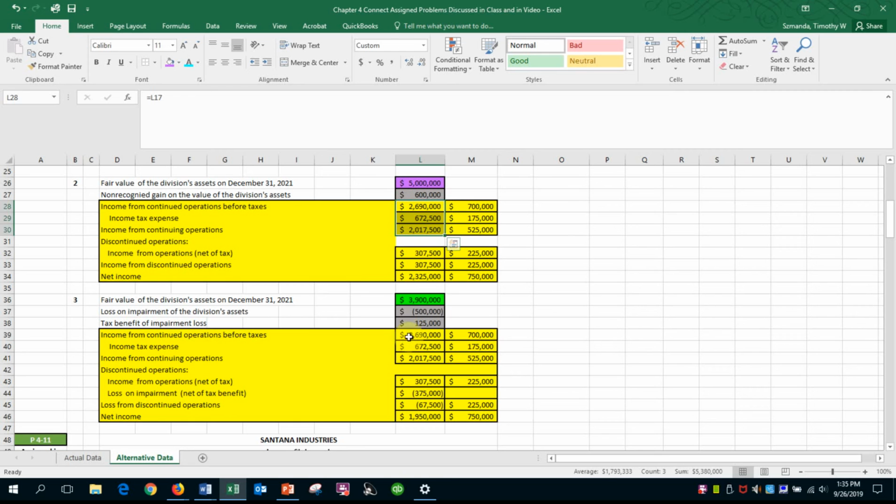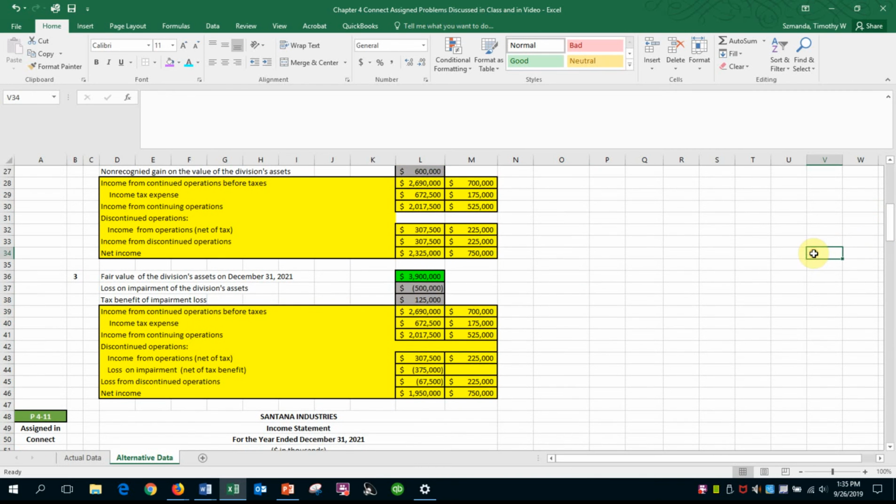They will stay the same in each component going down. The only thing that changes is the fact that in part 2 and 3 we have not sold the unit in 2021, and therefore what do we do with a gain situation like part 2? Well, we do nothing. We don't recognize an anticipated gain. Part 3, we have an impairment loss, and that we do recognize, net of tax benefit. And then mathematically carry down your values.